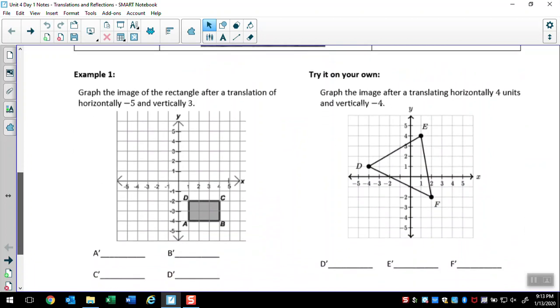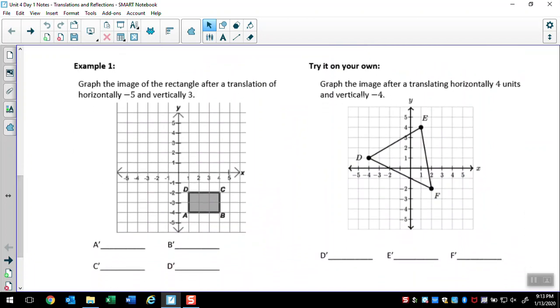All right, so here we go. Here we have our pre-image. We want to graph the image of the rectangle after a translation horizontally -5 and vertically 3. So I want to take this guy right here and I want to shift it.